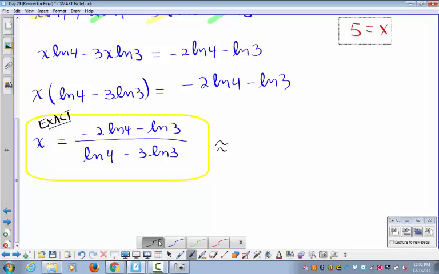So make sure that you can get the right answer. If we go to 4 decimal places, 0.2 7 3. So that's the approximate answer.